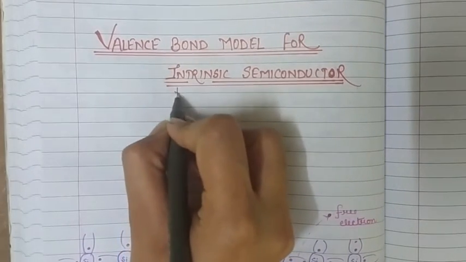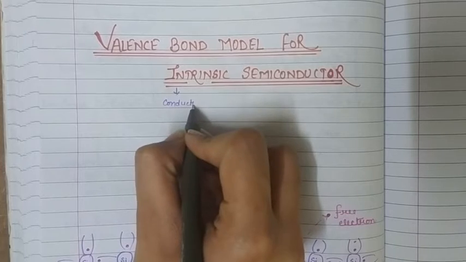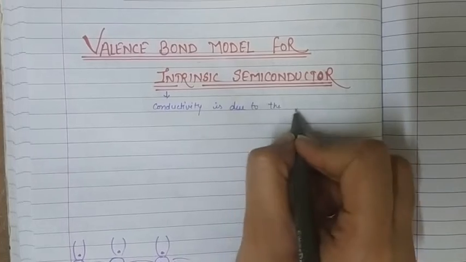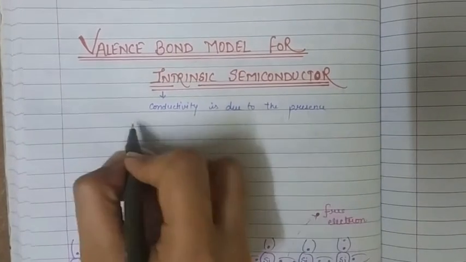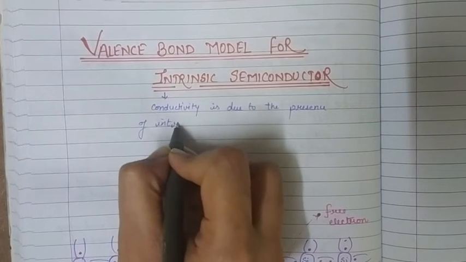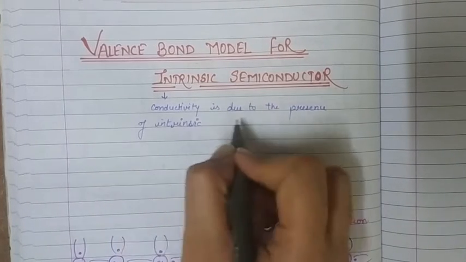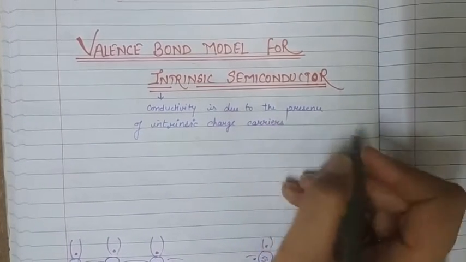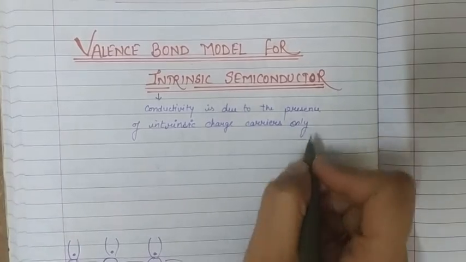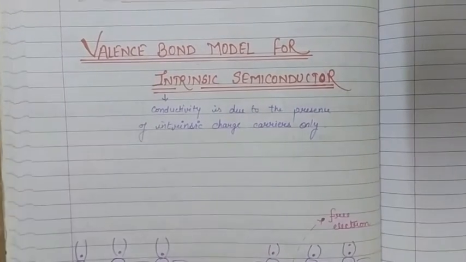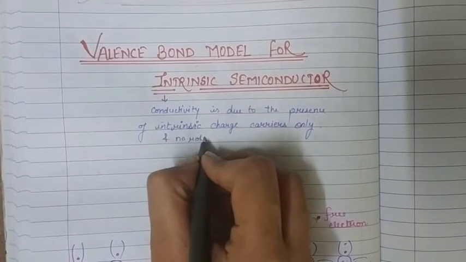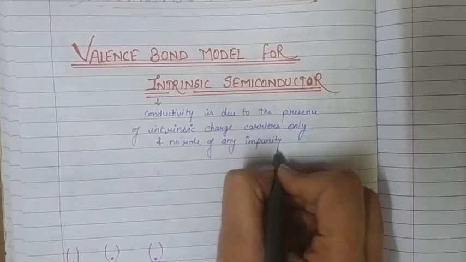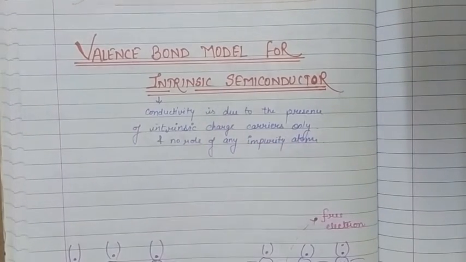So the reason for conductivity of intrinsic semiconductor is the presence of intrinsic charge carriers only, and these intrinsic charge carriers are of two types, that is electrons and holes present in the structure, and there is no role of any impurity atom in case of intrinsic semiconductor.